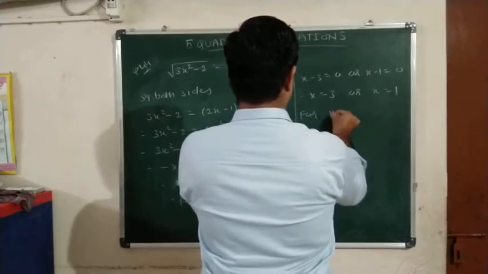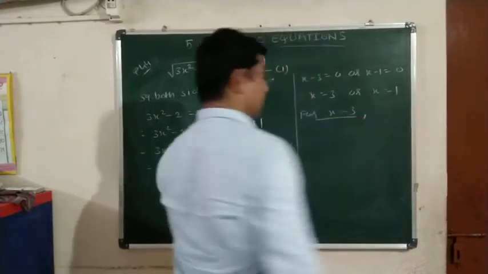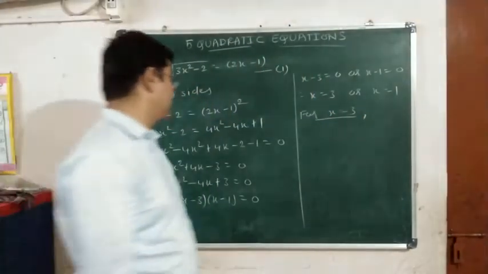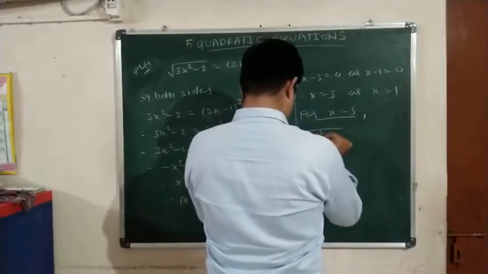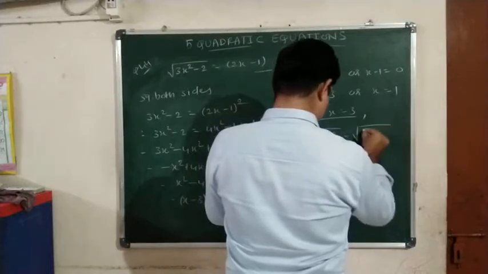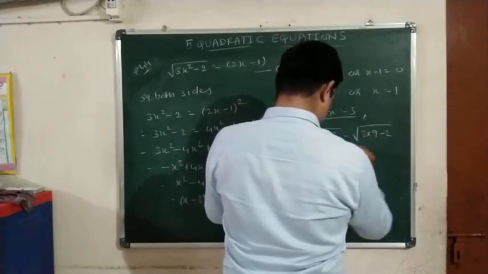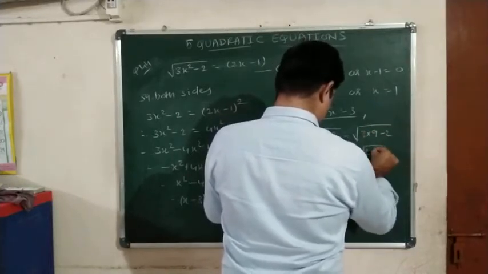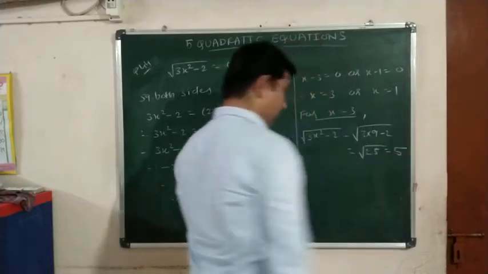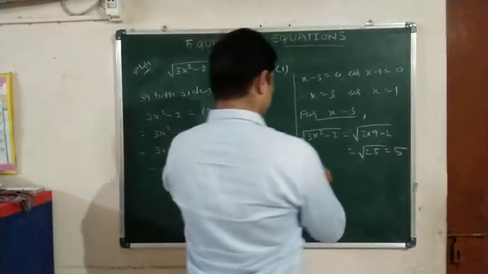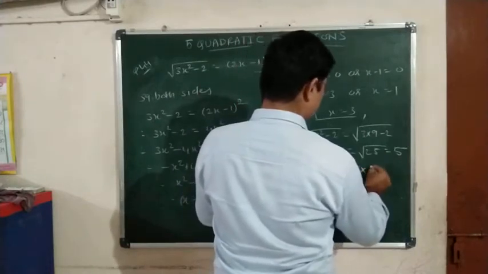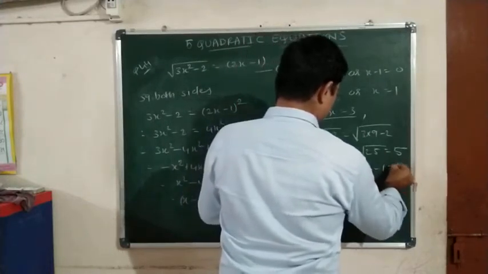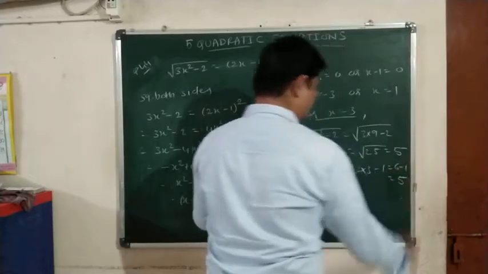Now for x is equal to 3, put the value in the left hand side. 3x square minus 2, 3 into 9 minus 2, 25 is equal to 5, and 2x minus 1, 6 minus 1 is equal to 5.